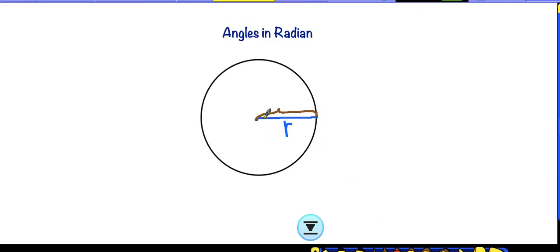I can cut the string to exactly the length of R, and I use the length of the radius to go around the circle. This is a piece of string, like a ribbon, and you put this piece of ribbon around the circle.